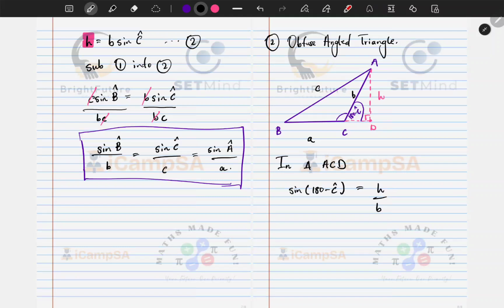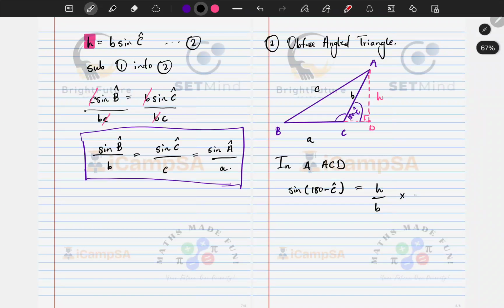Now what I'm going to do is multiply by B on both sides, and then this and that will cancel.